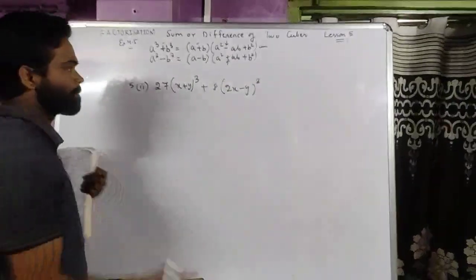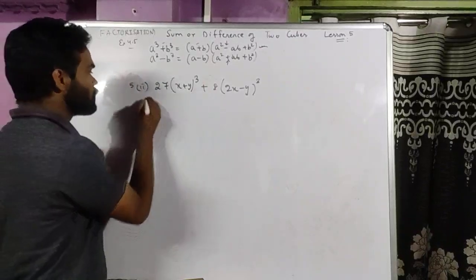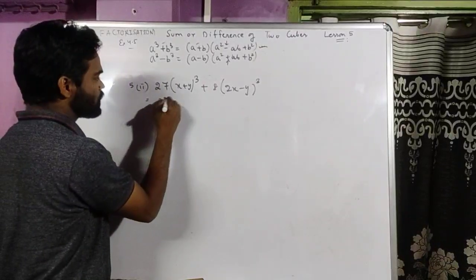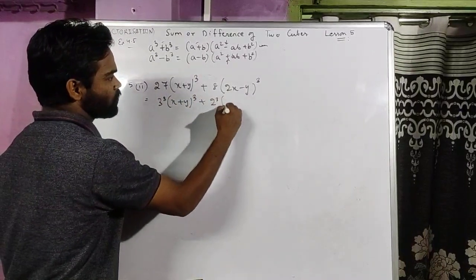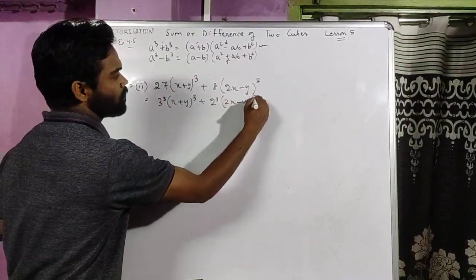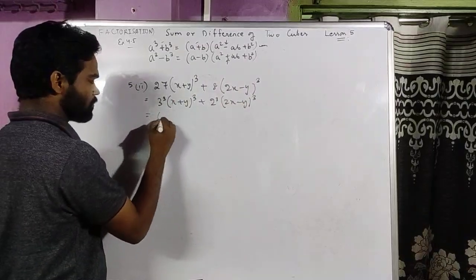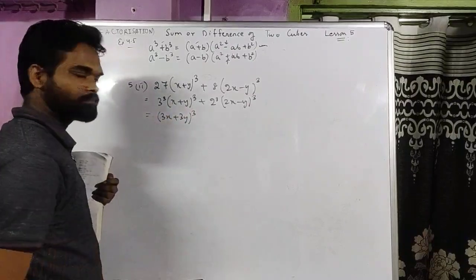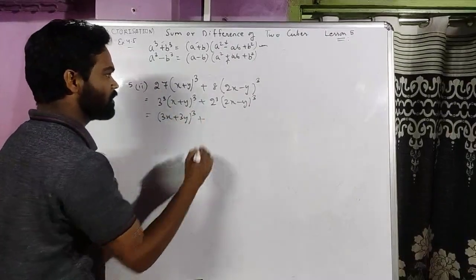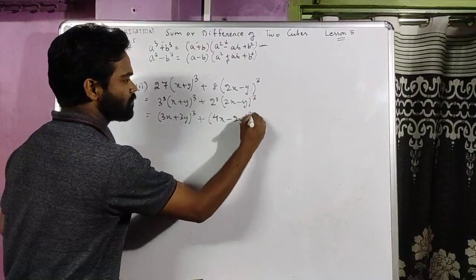Now look carefully. 27 is a cube of 3 and 8 is a cube of 2. So can we write this as 3 cube (x plus y) whole cube plus this is 2 cube (2x minus y) whole cube. So now 3 goes inside, law of exponent, you know, property of exponent, and this becomes (3x plus 3y) whole cube plus (4x minus 2y) whole cube.